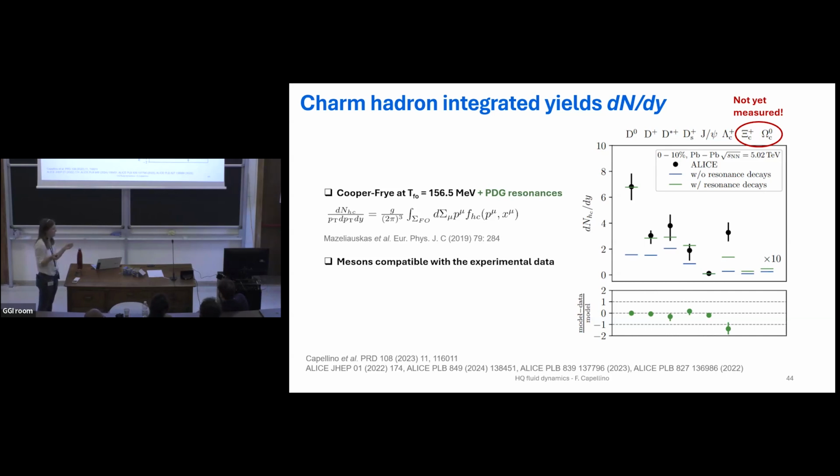And we're happy that basically out of the box, we already get a description that is close to the data. But then, of course, to be fully quantitative, one should be more careful and also work on this side of the analysis and error bars.